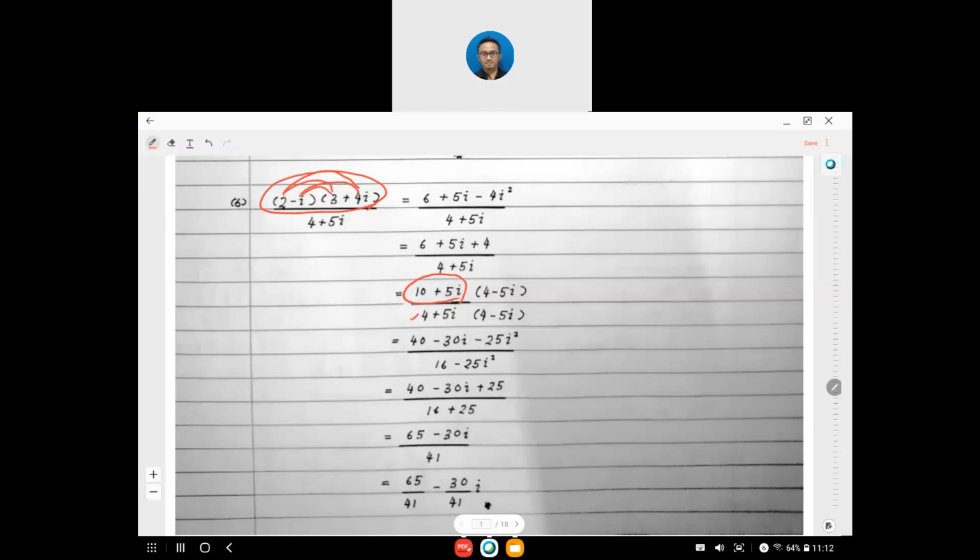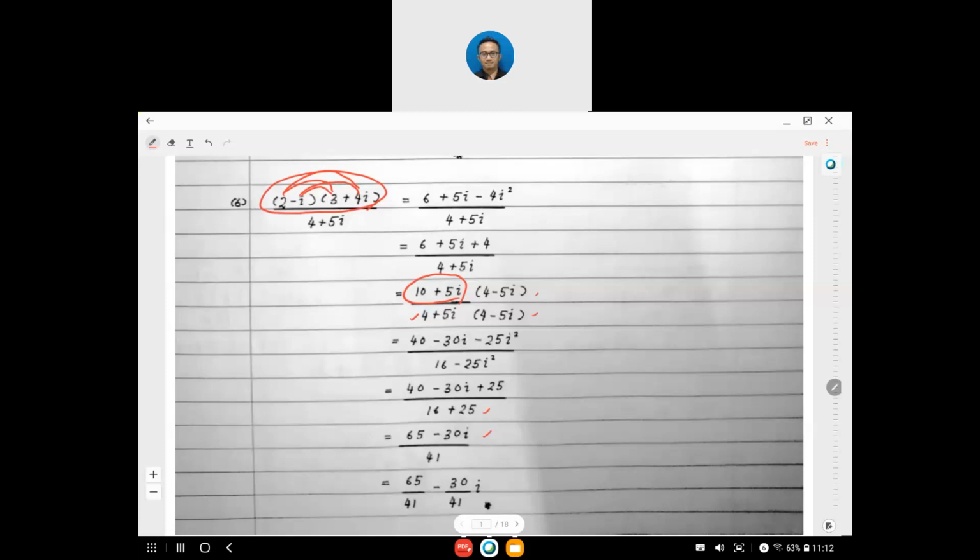This is also the same thing, multiply by the conjugate, which is 4 minus 5i, at the numerator and the denominator. When you expand, you get 16 plus 25 at the denominator, and at the numerator you get 65 minus 30i.